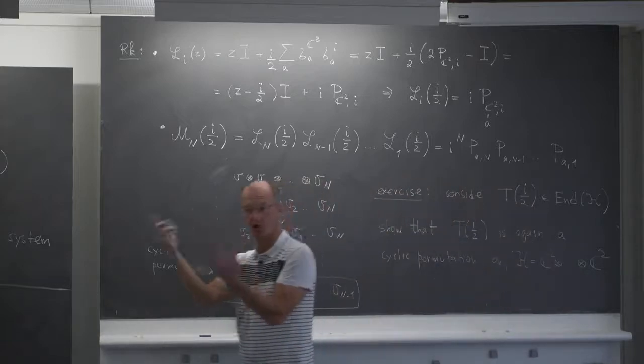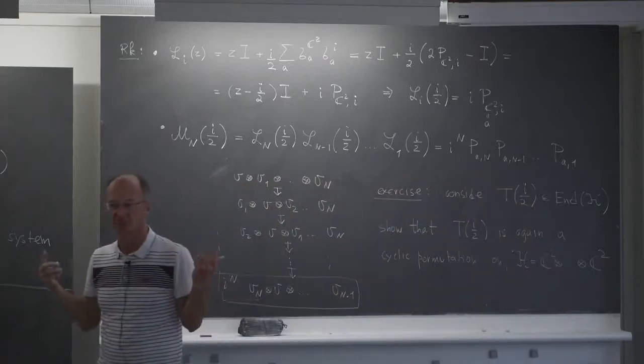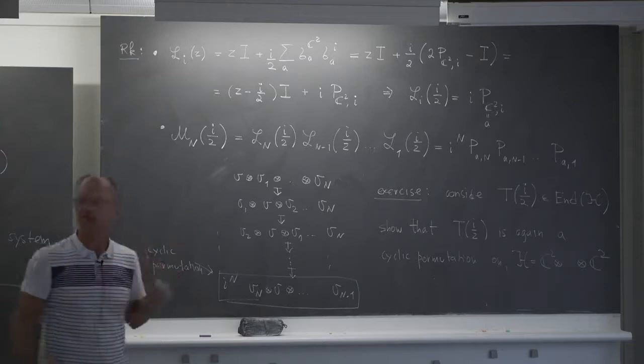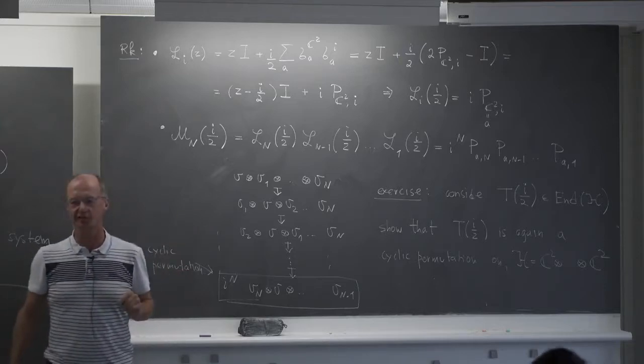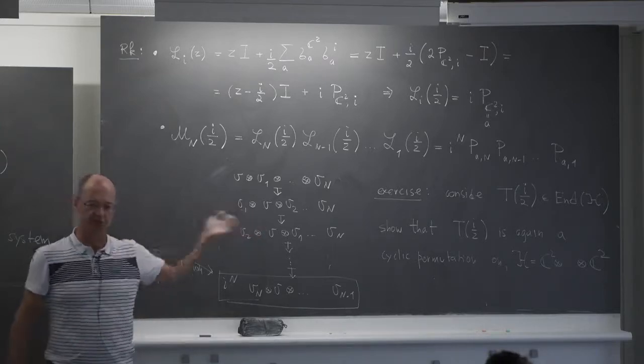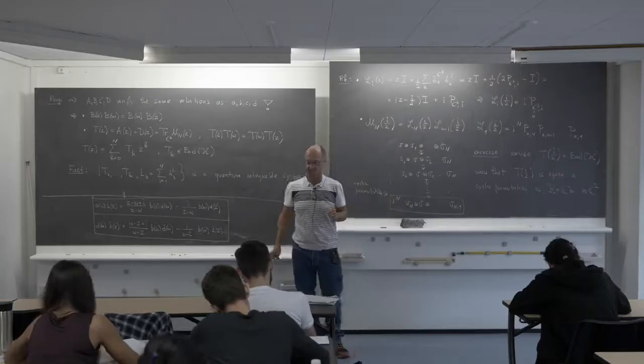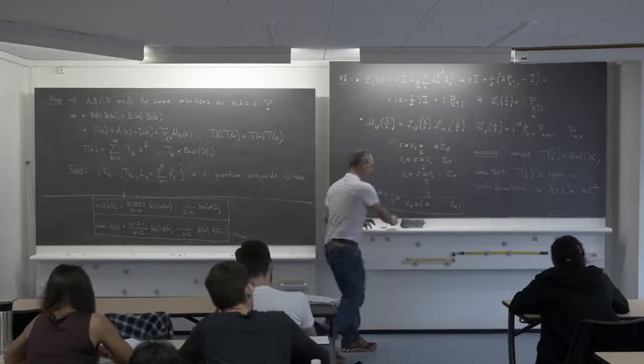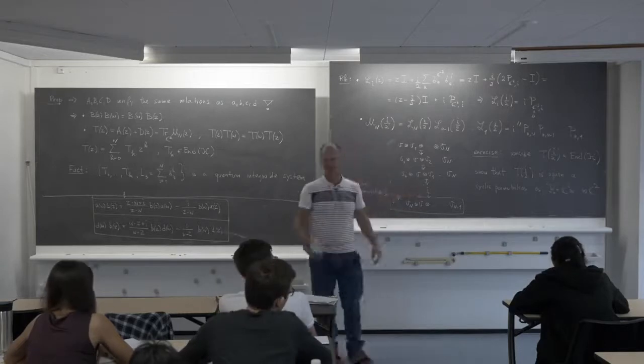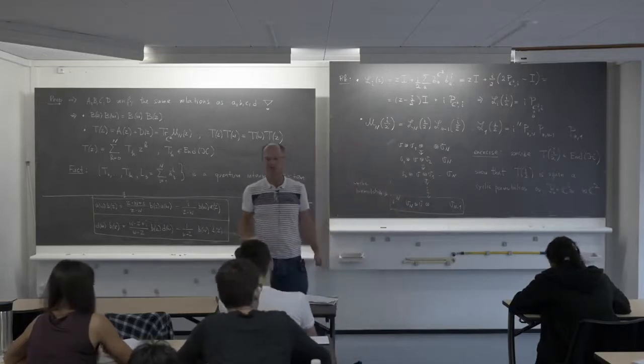Right? On H, you can also permute. And if you take a trace over the auxiliary space, it will turn out to be a cyclic permutation again. Well, yeah, there is here some small thing to prove.